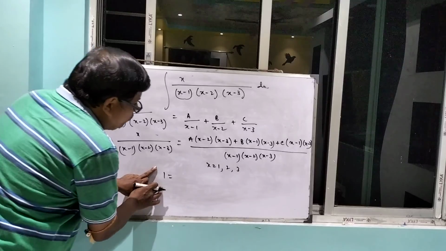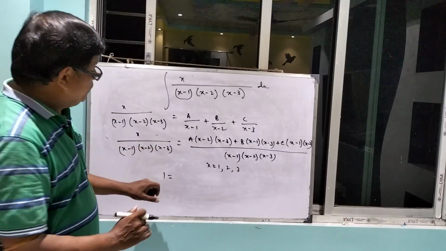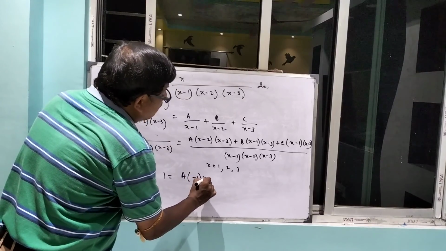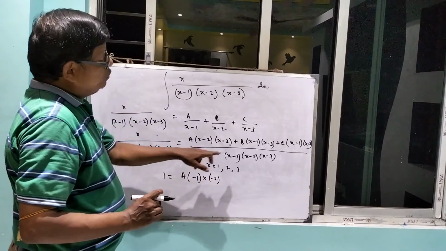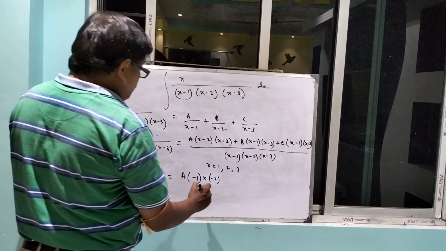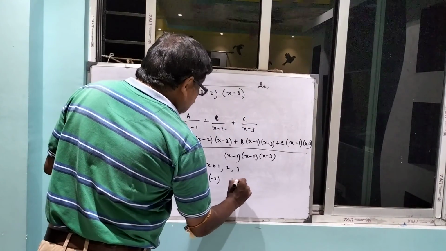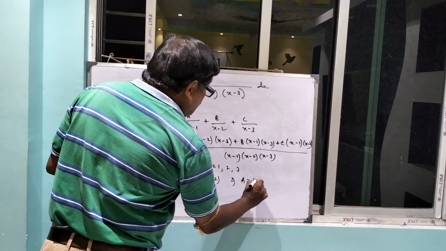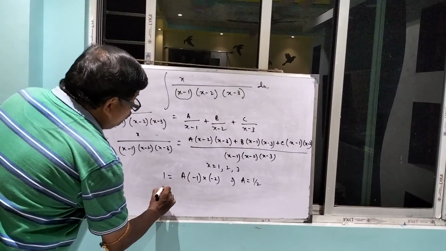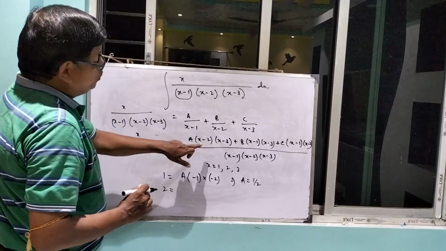Now look here, x equal to 1, so this part will be A into (minus 1) into (minus 2), and the other parts will be 0, no? So you will get the value of A as half. Again, you put 2, so this will be 0.